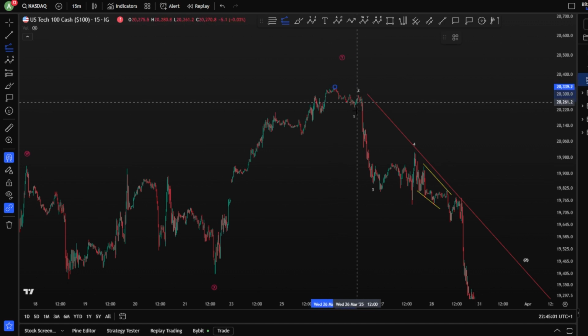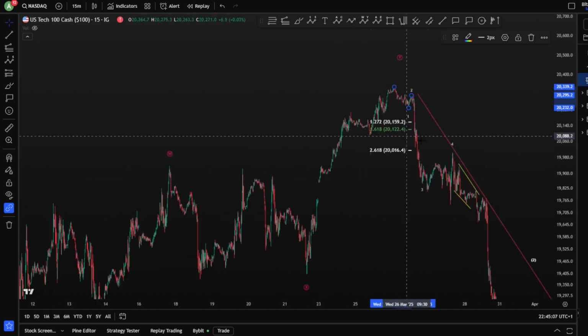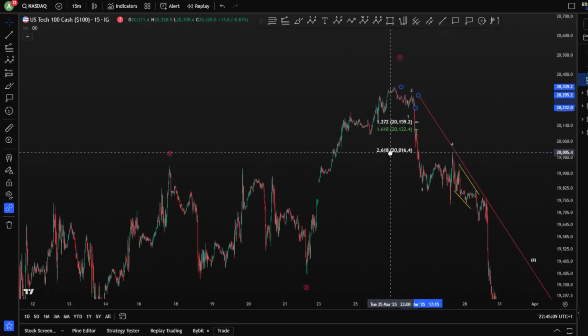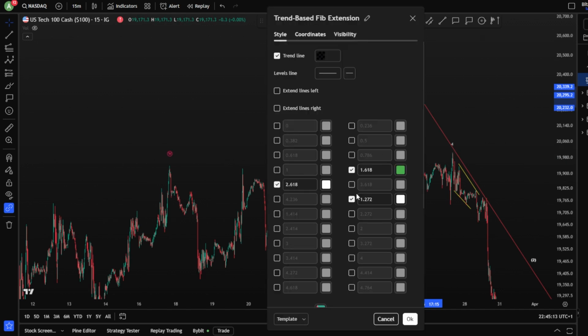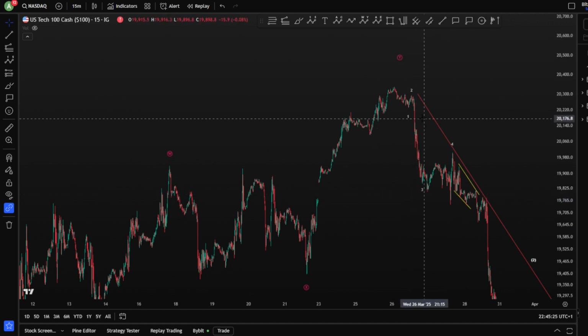How do you know that the market is in a panic and in a big crisis, I would say, in a recession? We have overshot the 2.618, and I believe even the 4 has been overshot. Here we go, we have overshot the 4.618 fib level.